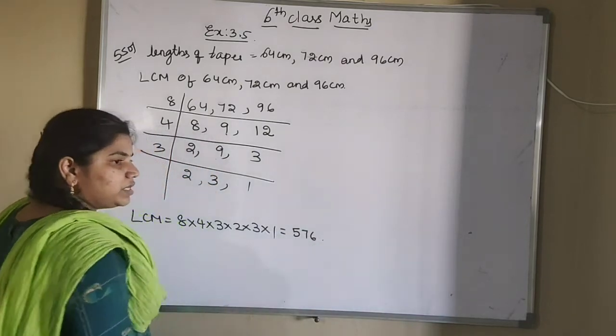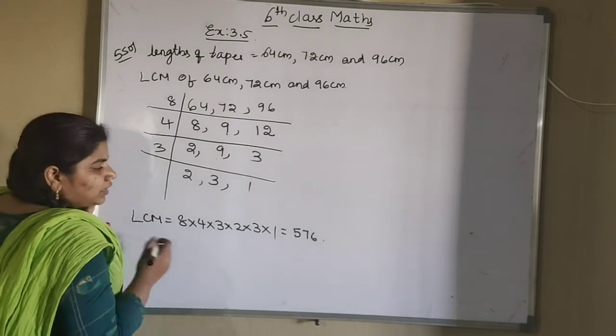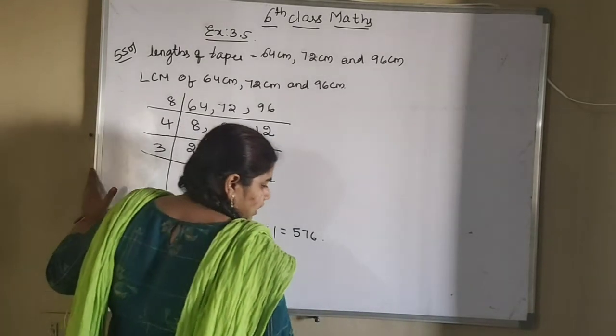576. So what is the least tape that can measure any one of them exactly? That is 576 centimeters.